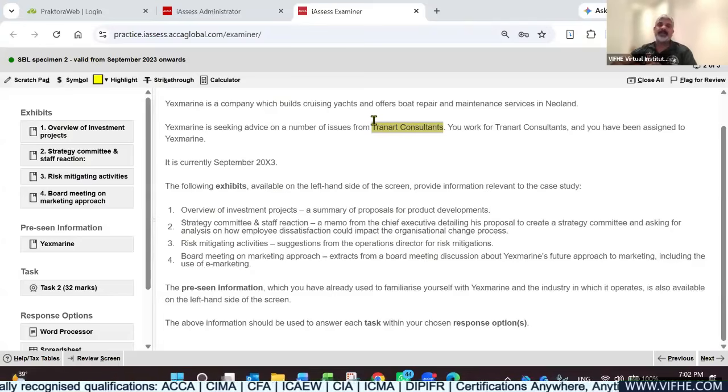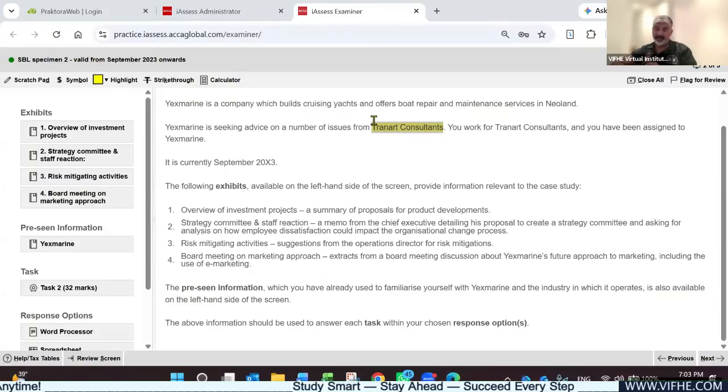Now, there is one confusion with students. There is one particular role which is confusing. Sometimes your role is non-executive director.